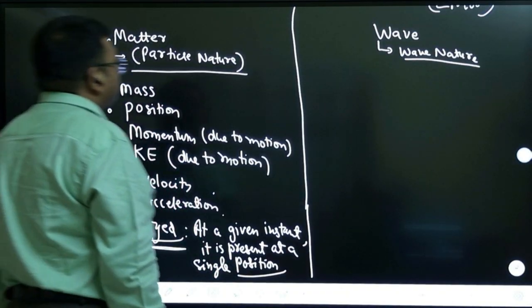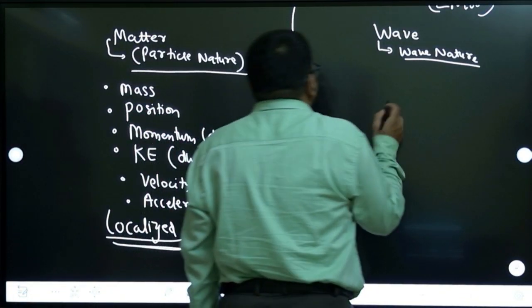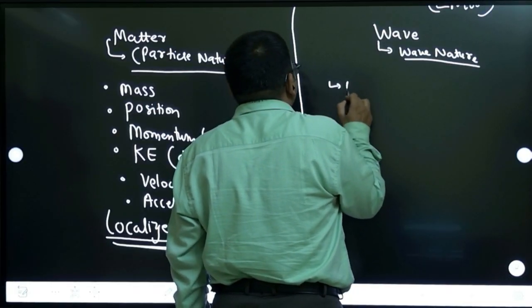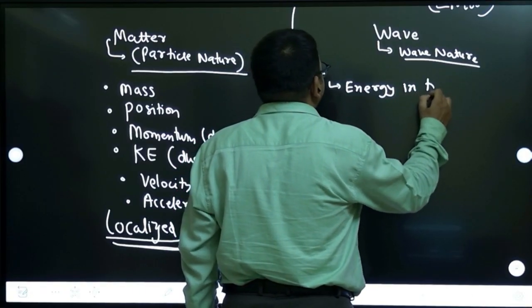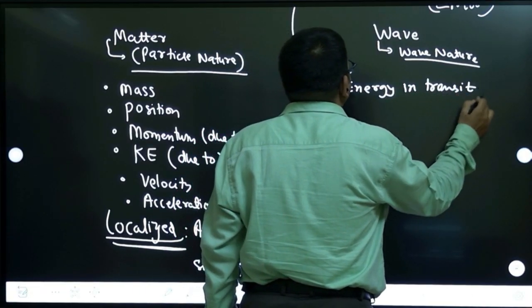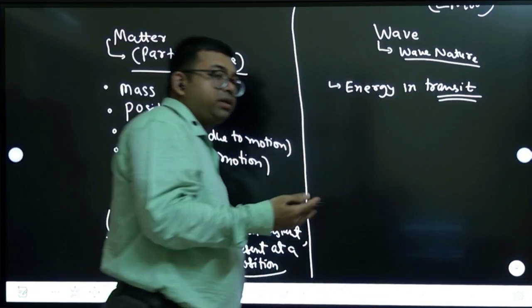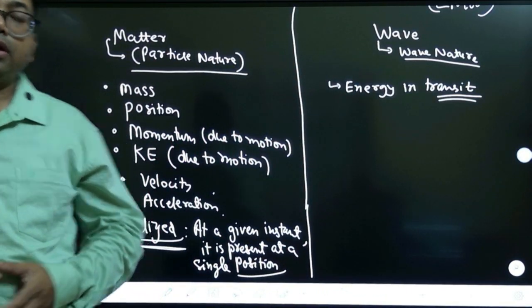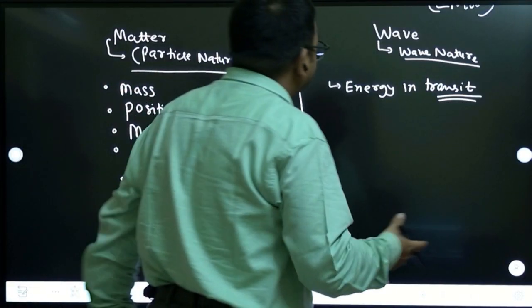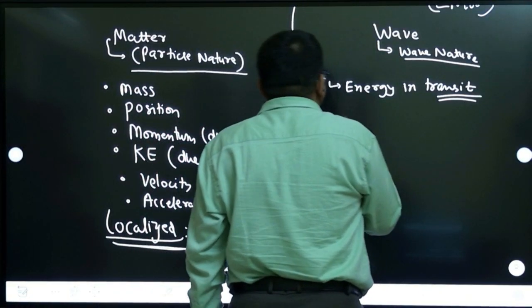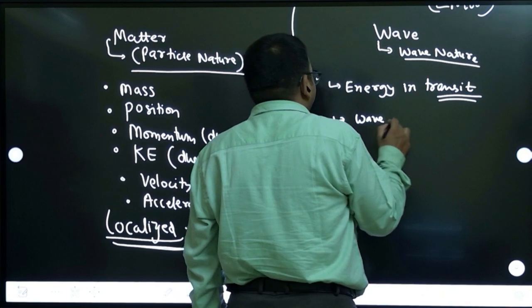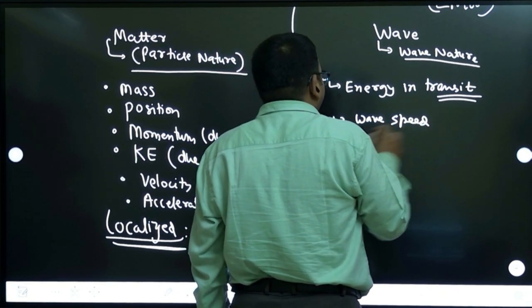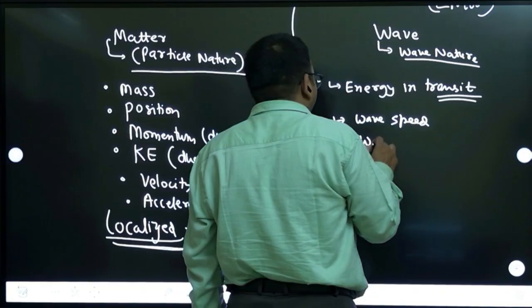Then what about wave? What is wave? Wave is nothing but energy in transit. Energy in transit means energy is propagated using waves, and waves are created due to some sort of disturbance. So what are the important characteristics of wave? Wave has a speed called wave speed. Wave has a wavelength.